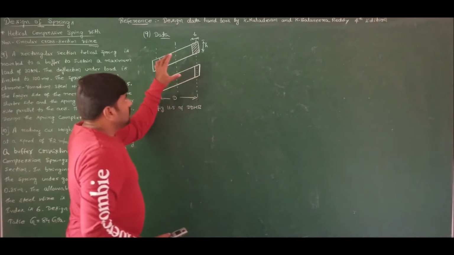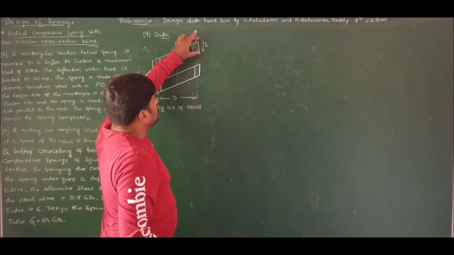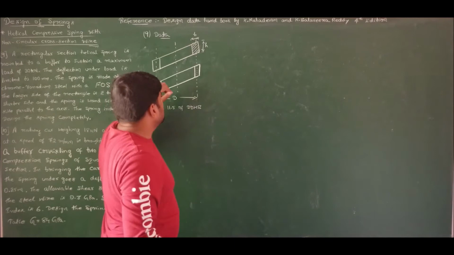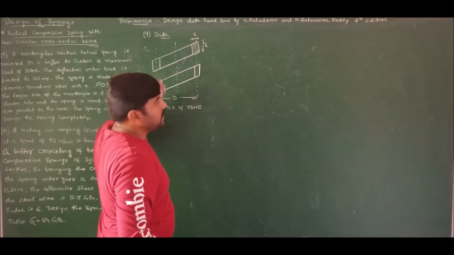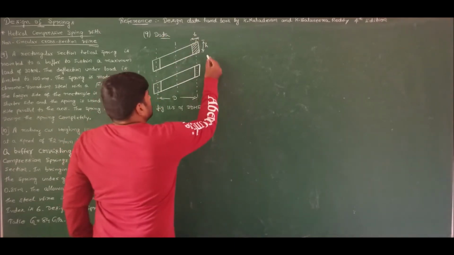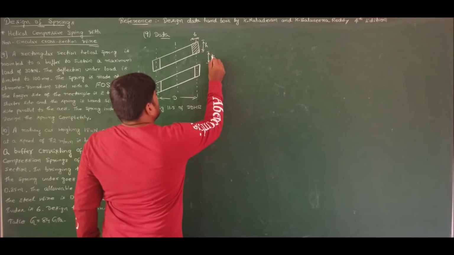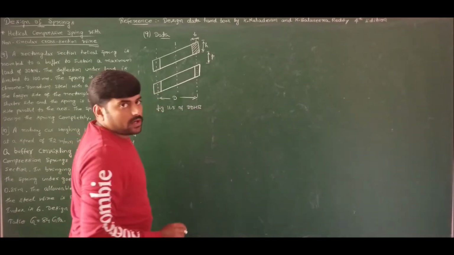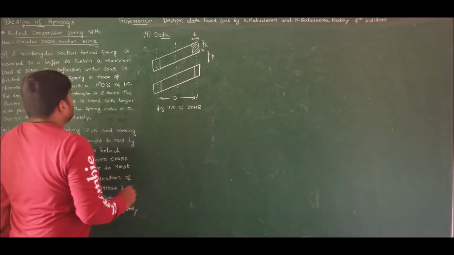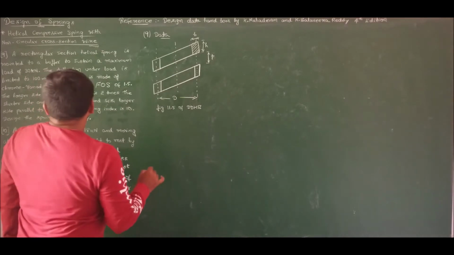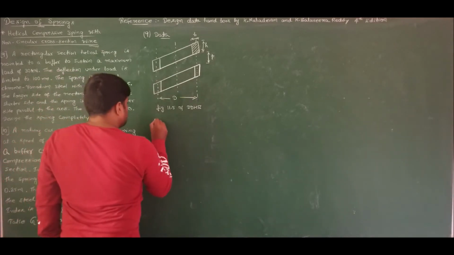For rectangular cross-sectioned wire, one of the sides should be larger than the other side. He is clearly stating the longer side is parallel to the axis, and this denotes the pitch, the axial distance between the consecutive coils. Apart from this, he states that it has to sustain a maximum load, he has given F max.